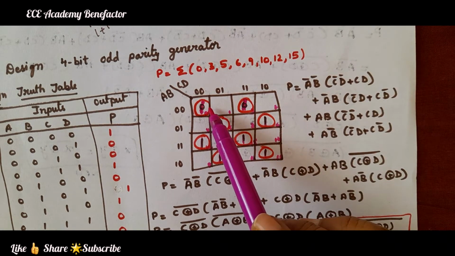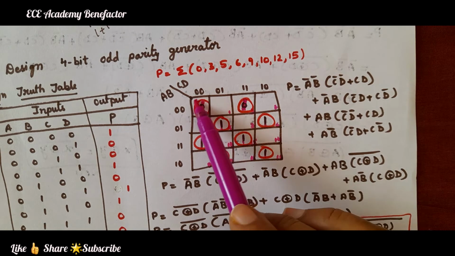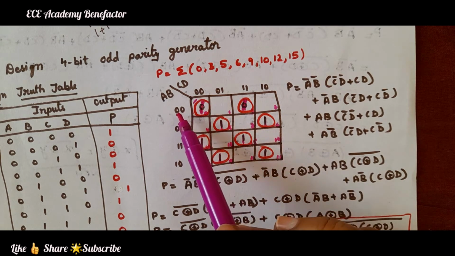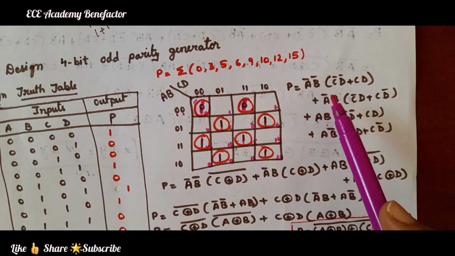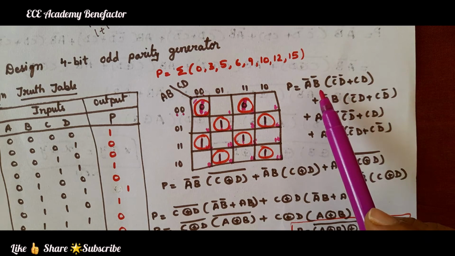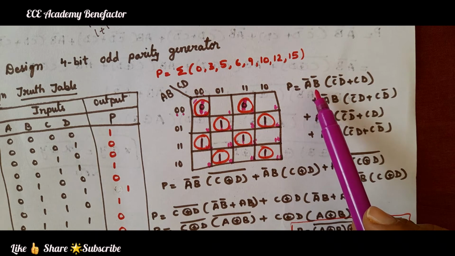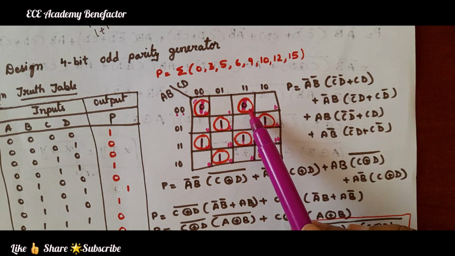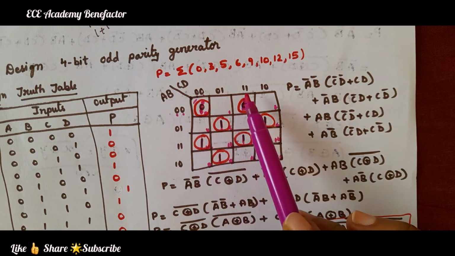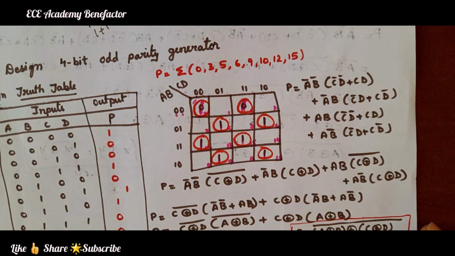So in this way, for this one, what will be the term for this group? A bar, B bar, C bar, D bar. We have written here as P is equal to A bar, B bar, C bar, D bar. For this one it is A bar, B bar, C, D. So what is parity coming to be as?